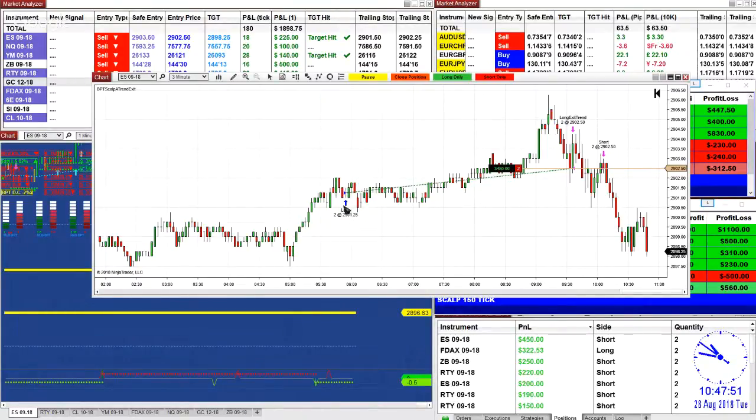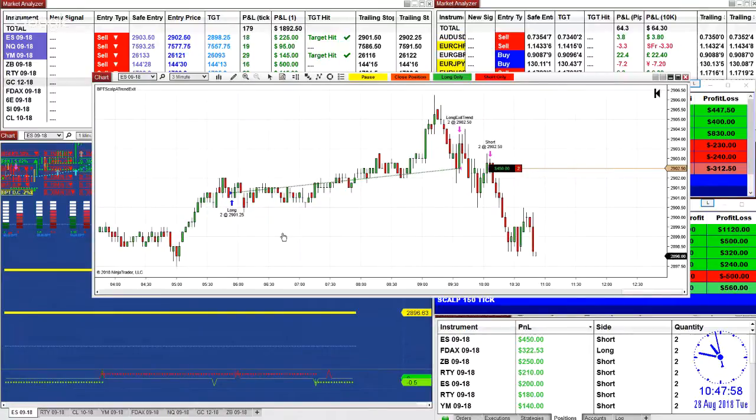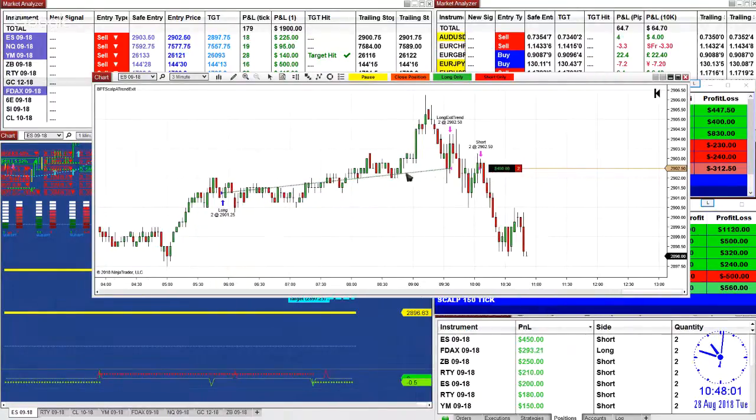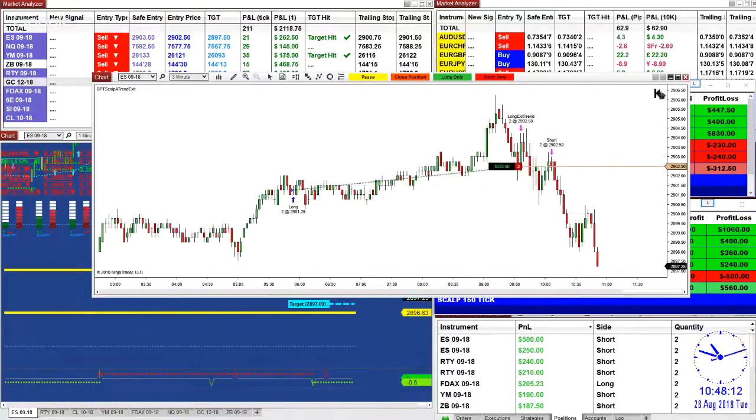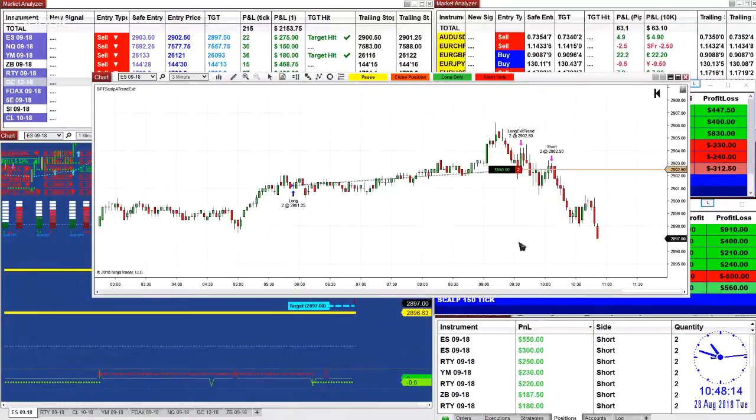Earlier today, the same trade from 901.25, from 6 o'clock to 9:30 on one trade, practically broke even on the ES. And then that trade right now on the ES, on the swing trading, nailed 550. That is amazing.